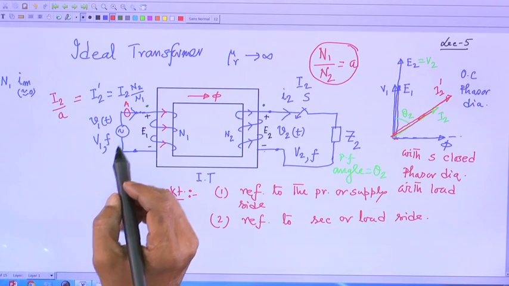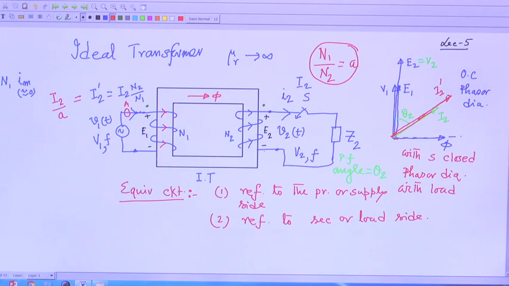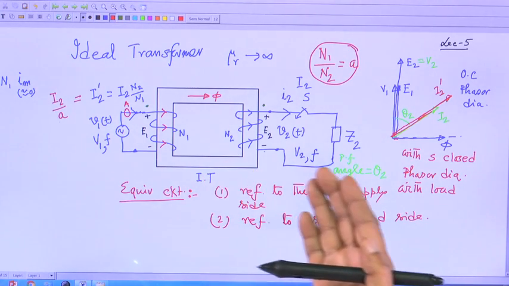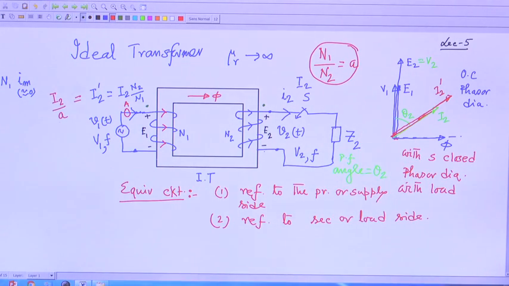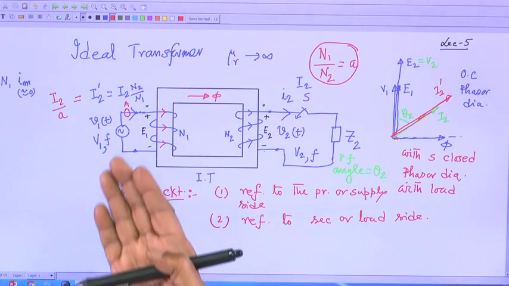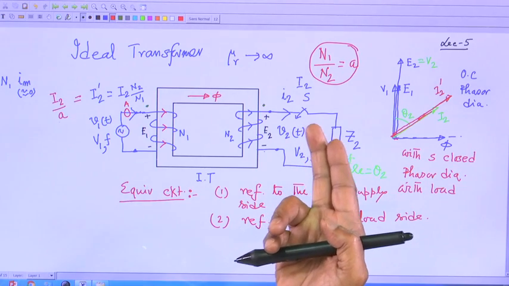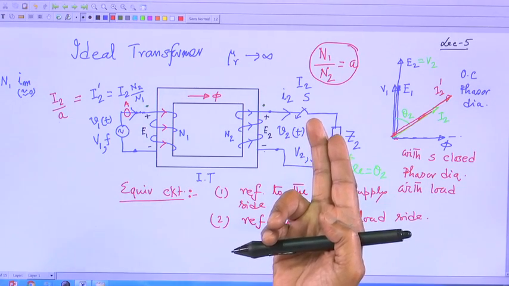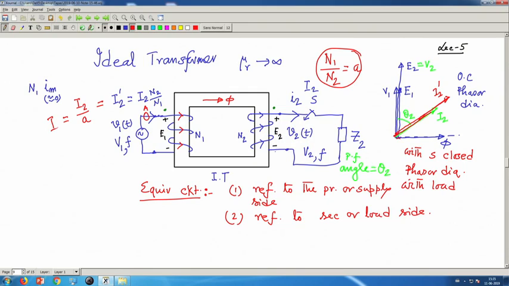Now, if you look from the supply side, the supply does not know whether you have connected a transformer and then a load across the secondary side. What it only knows is that here is a supply and I am supplying a current I2 dashed when S is closed, and this I2 dashed I will call I1 in this case, the primary current.